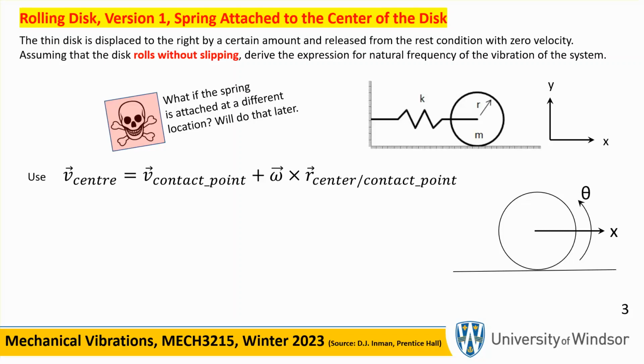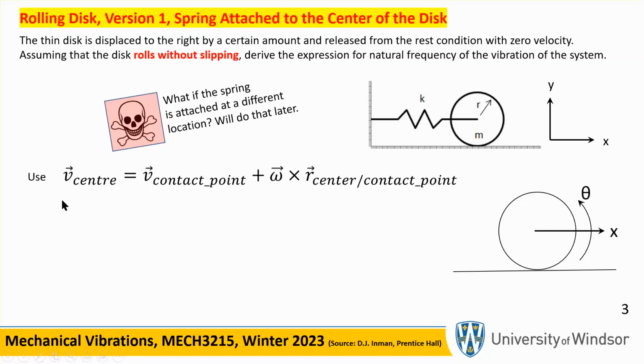Now, the key to getting the correct expressions for this problem and many other problems is what we taught you in your second year dynamics class, rigid body dynamics. Basically, it says the velocity of any point, such as the center of the disk, is equal to velocity of some other reference point, such as the contact point that you see down here, plus angular velocity of the object, two-dimensional object in this case, the disk, crossed with the position vector from the center to the contact point.